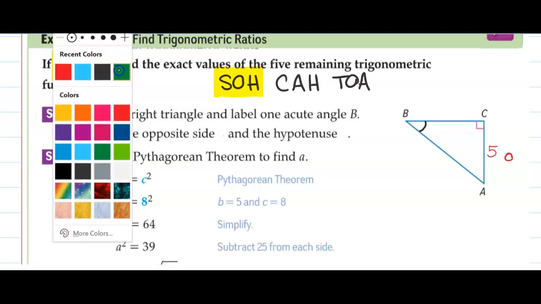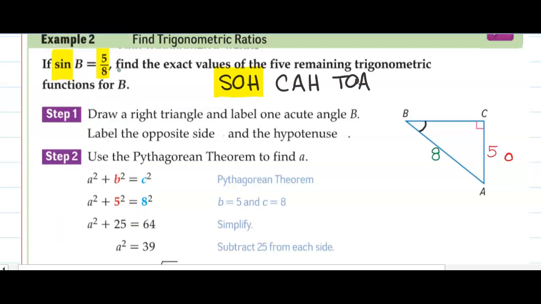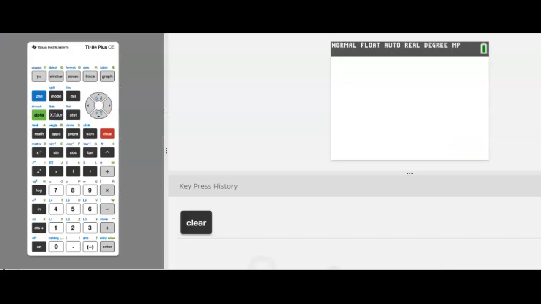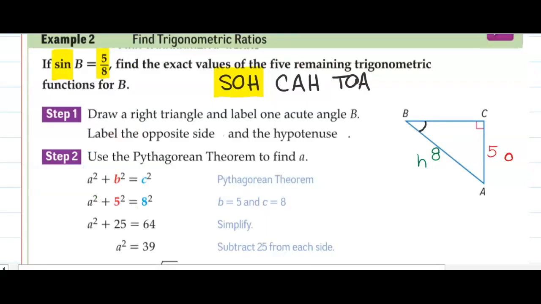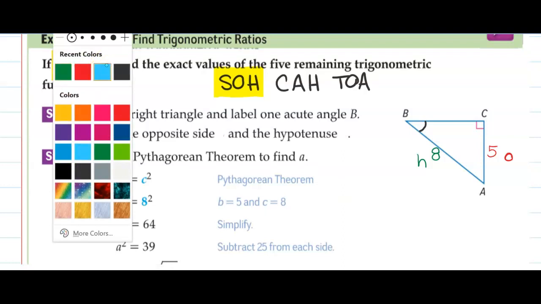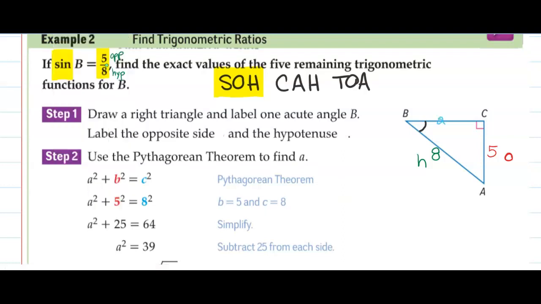And 8 is going to be the hypotenuse. Because we need the opposite over the hypotenuse. But we don't know our adjacent side yet. We know it's over here, that's the adjacent side.